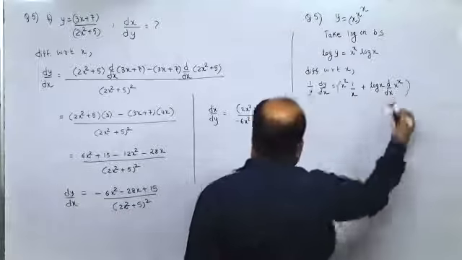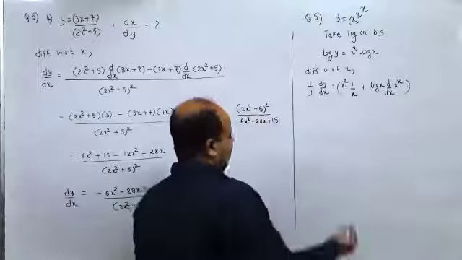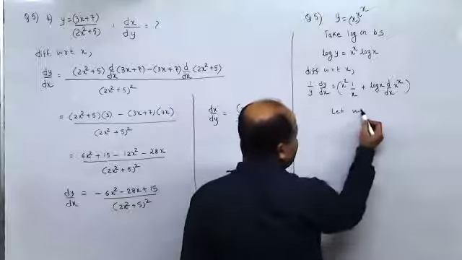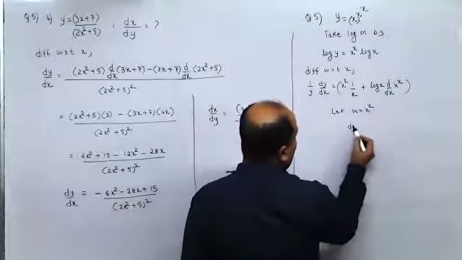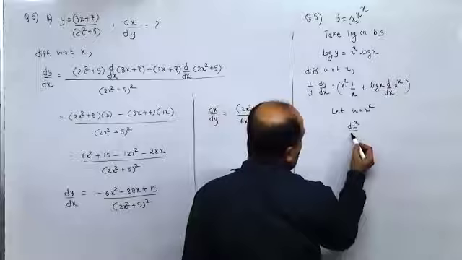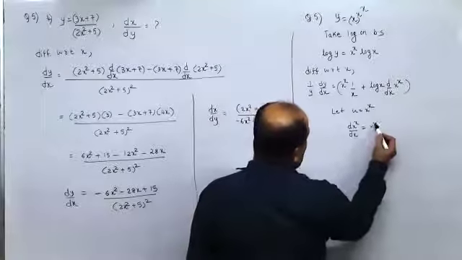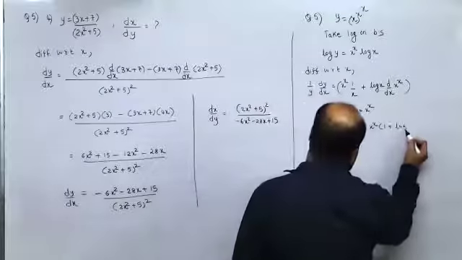Now I have done this derivative of x raised to x part lot many times. So let u be x raised to x, take log on both sides, you get derivative of u as x raised to x into 1 plus log x. So I am not doing it again.